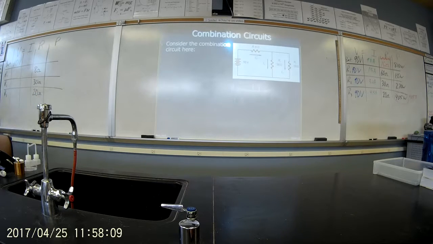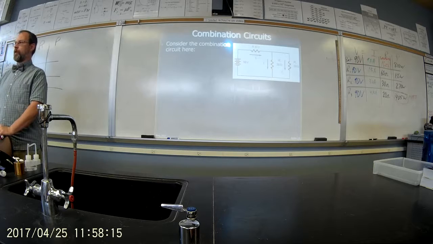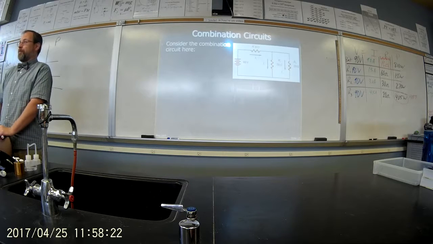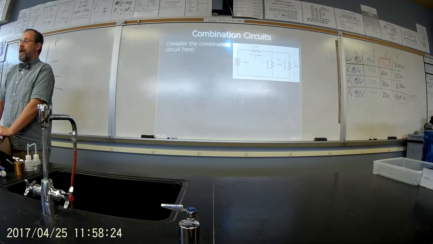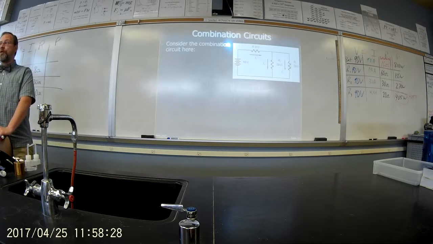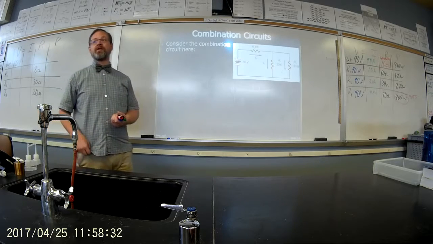So what do we do? Here's the thing. We can't add up the resistors because this isn't just a series circuit. And we can't use reciprocals because this isn't just a parallel circuit.